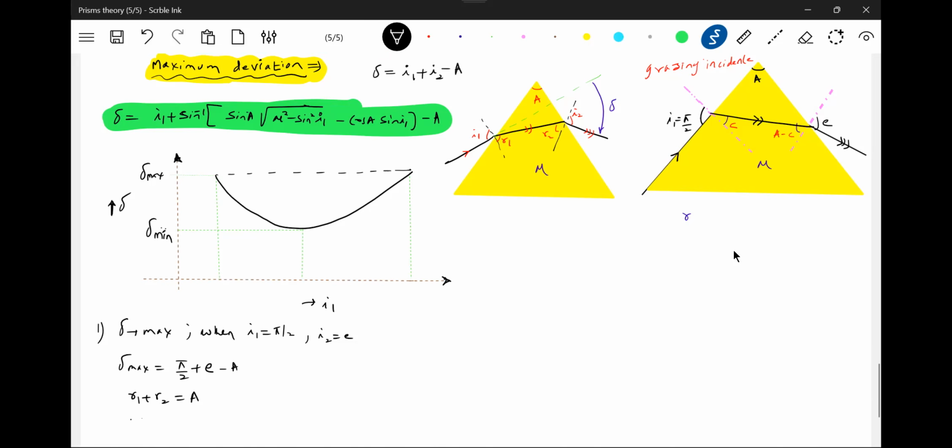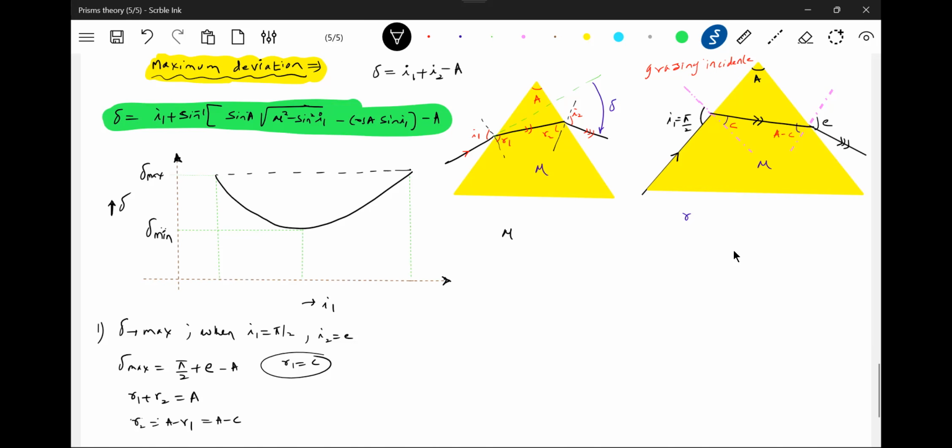So what is R1? R1 equal to critical angle. So what is R2? R2 equal to A minus R1. And we know R1 equal to critical angle, so this will become A minus C. So now we will write the Snell's law equation.